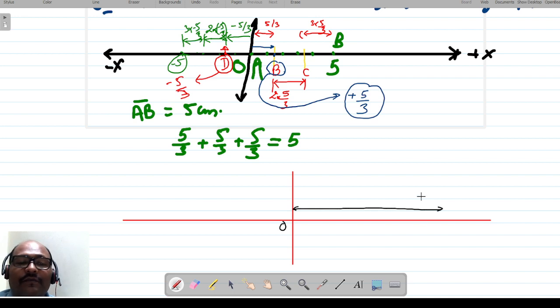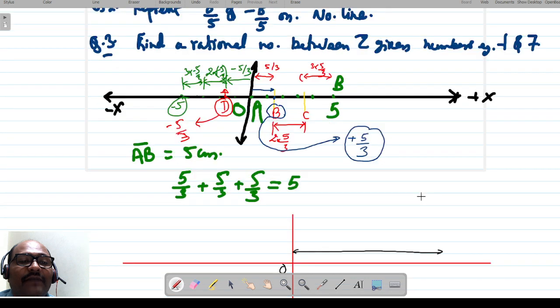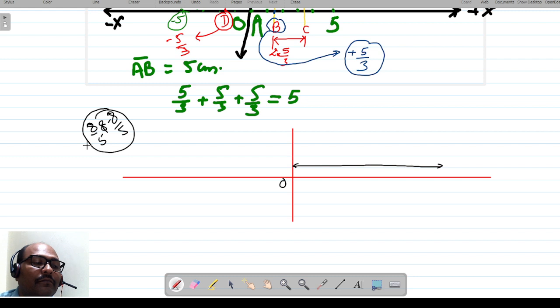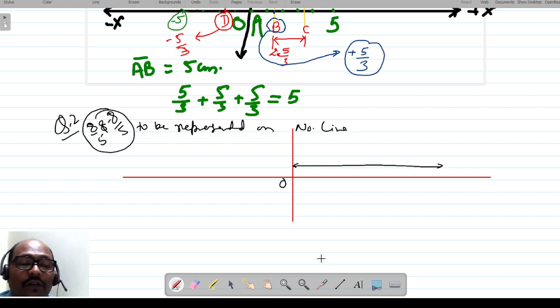We have to represent 8 by 5 and minus 8 by 5. So here we have the question, 8 by 5 and minus 8 by 5 to be represented on the number line. This is question number 2, right? So how will we do it?